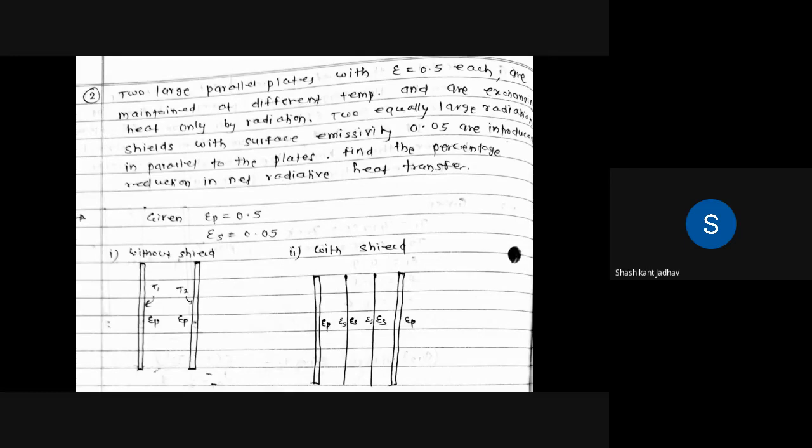So epsilon s is equal to 0.05. Find the percentage reduction in net radiative heat transfer.